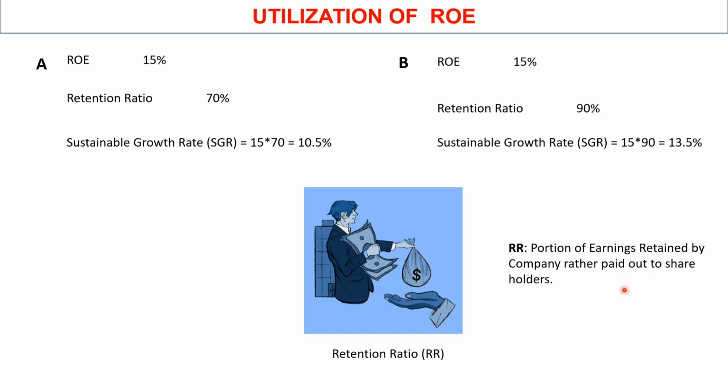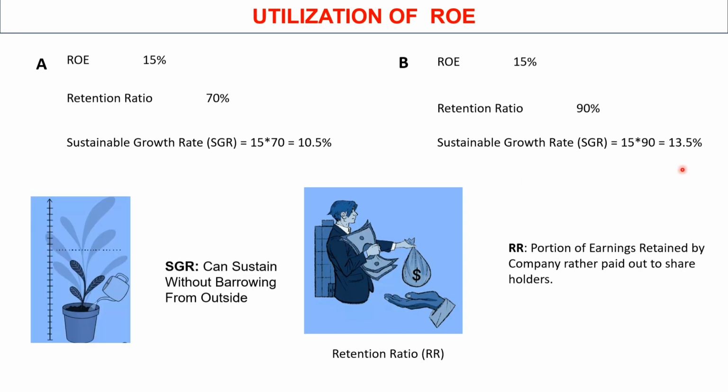Then we calculate the sustainable growth rate, which for company A is 10.5% and for company B is 13.5%. Sustainable growth rate is nothing but the growth the company can sustain without borrowing from outside. Then in these two cases we will consider company B a better investment, though both companies are reporting the same ROE values.